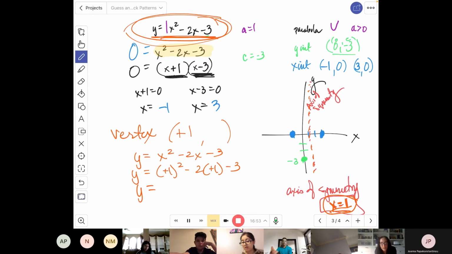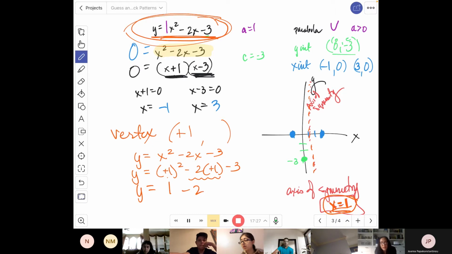Okay, so if I'm taking my original equation and I'm substituting 1 for x, shall we do this example together, and then I'm going to give you another one to do on your own. So I have 1 squared, which is 1. Then I have minus 2 times 1. So what do I write next? So that's 1 what? Negative 2 times positive 1. What is that going to give me? Positive 2? No, negative, right?